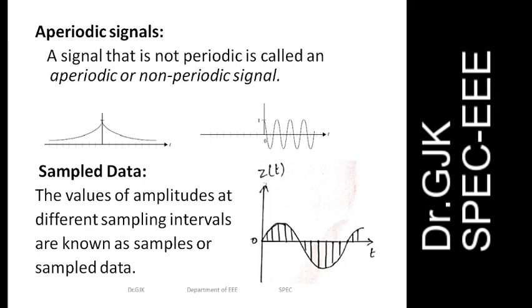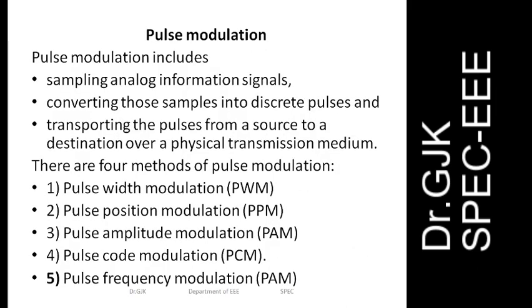Normally these pulses will be transmitted to larger distances using modulation techniques. Then going to modulation, once the analog signal is converted into pulses, these pulses can be transmitted using different modulation techniques. These modulation techniques include sampling of the analog signal into samples, then converting those sample values into discrete pulses.